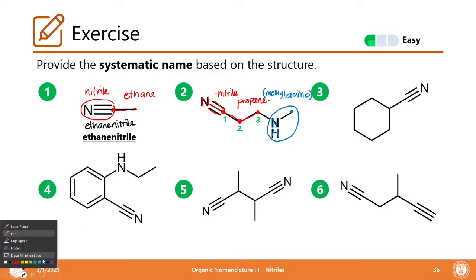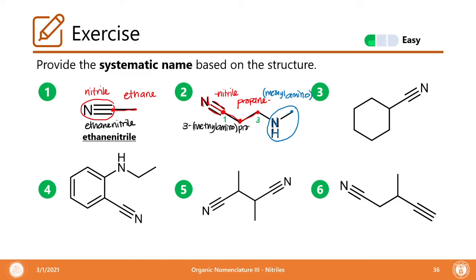So when we assemble the name, we get 3 methylamino propane nitrile.